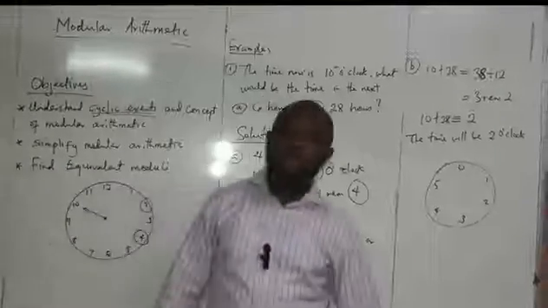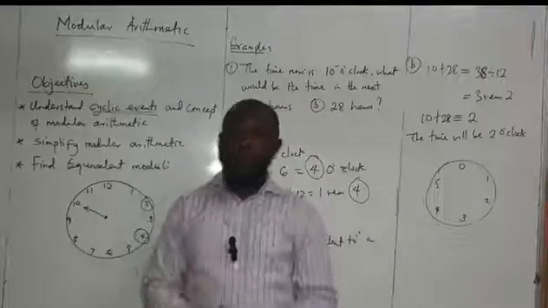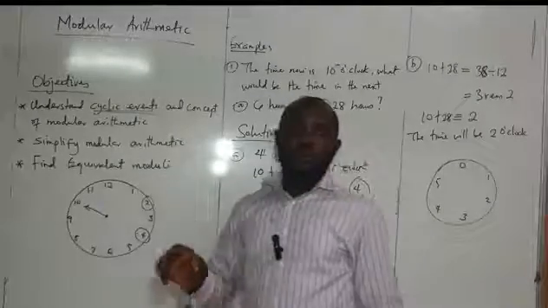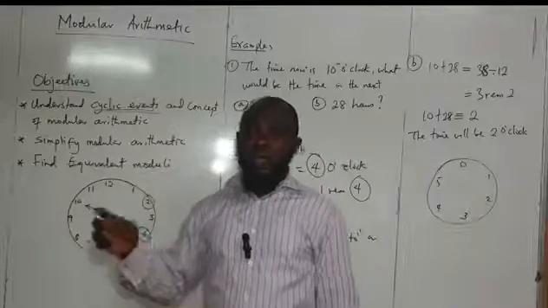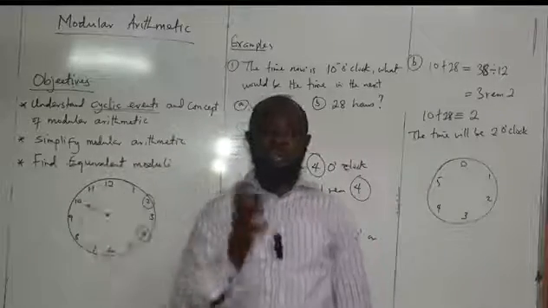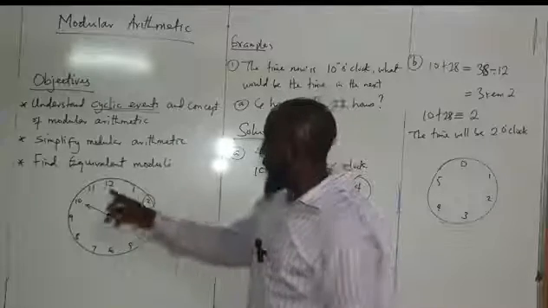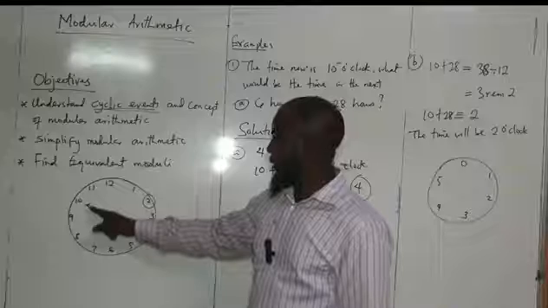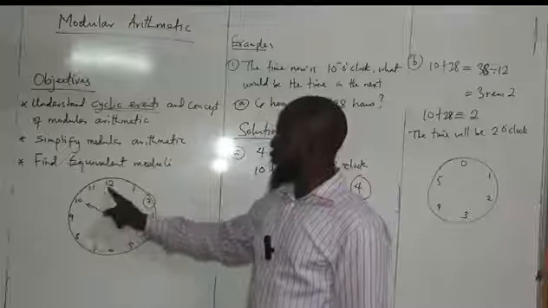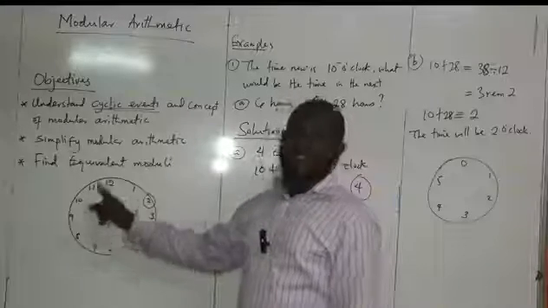So what do we mean by modular arithmetic? In short, modular arithmetic is talking about cyclic events. It is a system of arithmetic in which numbers wrap around when they reach a particular number, just like this clock, which is on 12. Once the pointer moves past 12, it goes back to 12 and starts all over again.